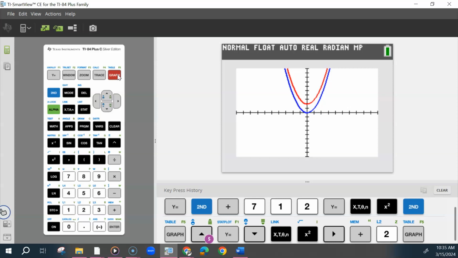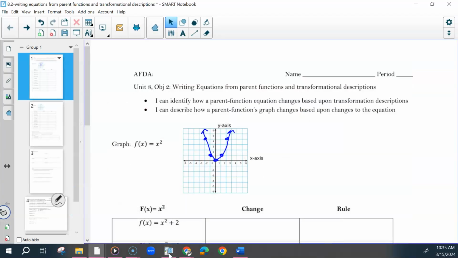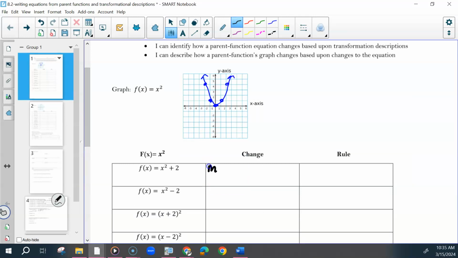But if this blue line was the original, and the red line is what we just put in, what happened? What did it do? It moved up. The original moved up. Look at that. And we could say it moved up 2. So that would be the change you see, yes.